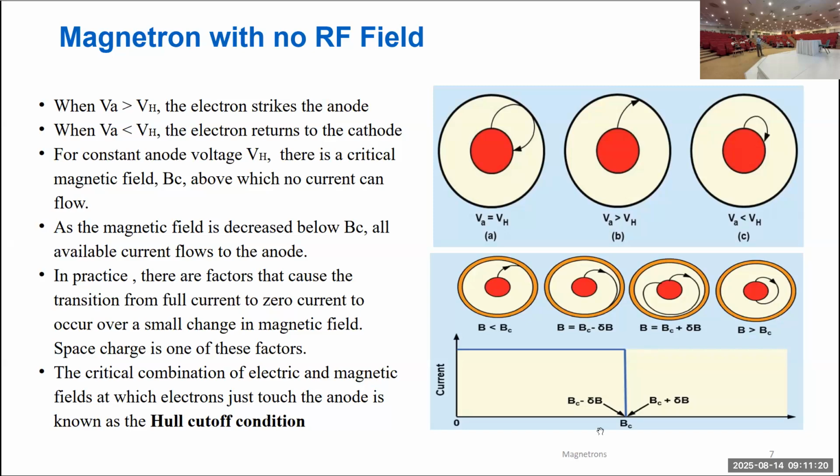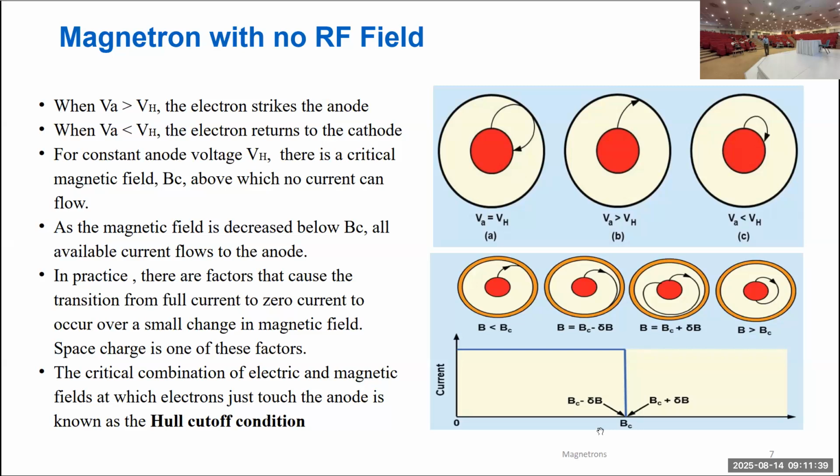There is a very critical value where the electron just touches the surface and comes back to the cathode. This is called the critical magnetic field, and this is called Cole's cutoff condition.